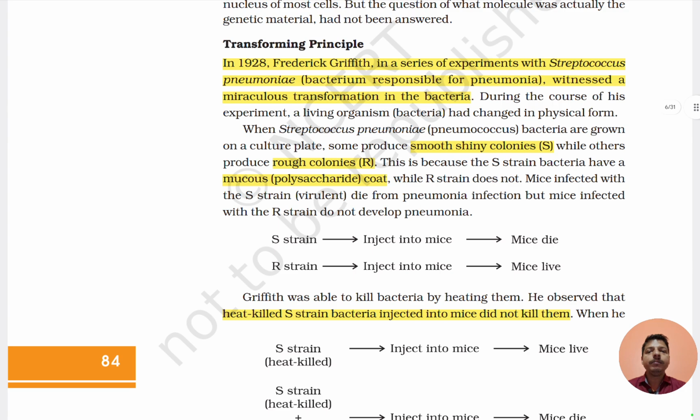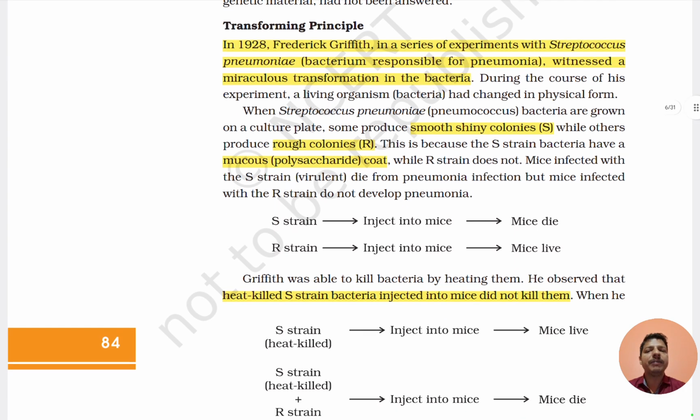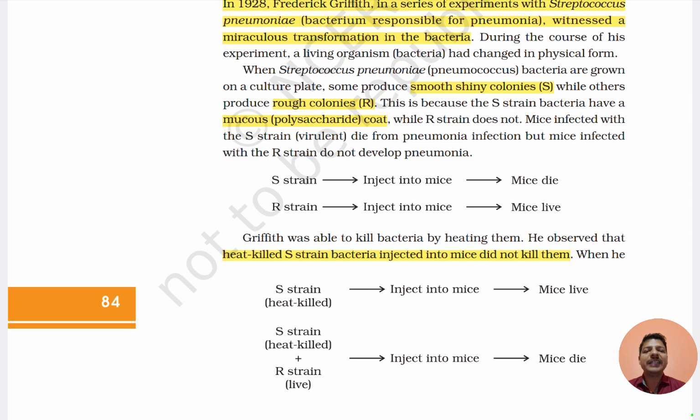When Streptococcus pneumoniae bacteria are grown on a culture plate, some produce smooth shiny colonies, or S, while others produce rough colonies, R. This is because S strain bacteria have a mucus coat, a polysaccharide coat on them, while the R strain does not have any type of mucous coat.